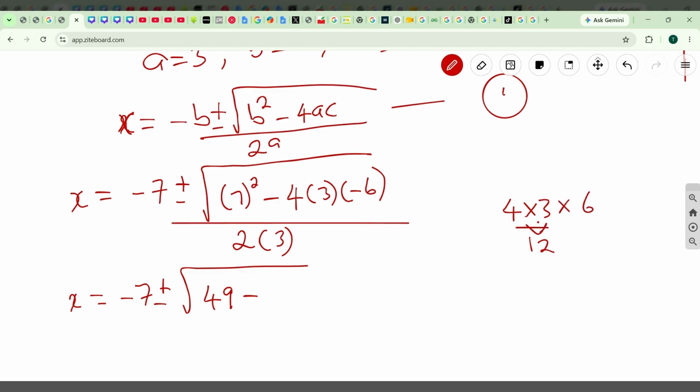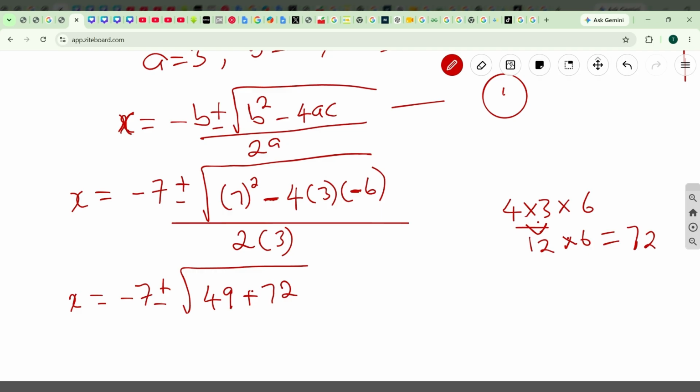Now, don't forget there is a negative sign here. So negative multiplied by negative is positive. So this changes to positive 72.